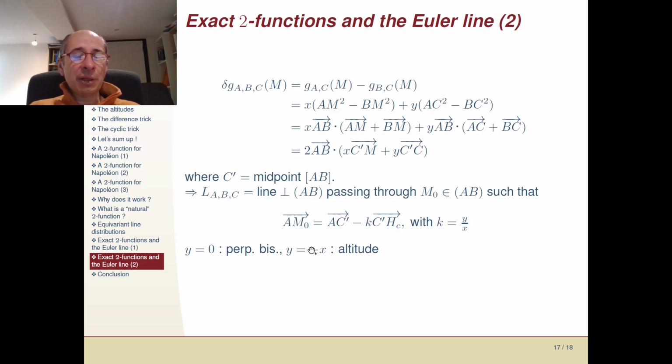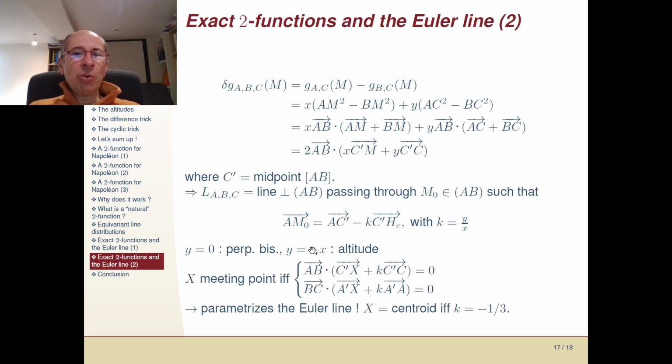But what about the others? Well, to see what the others are, let's solve for the coordinates of the meeting point of the three concurrent lines LABC and so on. So this meeting point, let's call it X, will belong to LABC and also to LBCA, so it will cancel this scalar product. Here you replace M by X, so you obtain the first equation, and you obtain also a second equation using BCA instead of ABC.